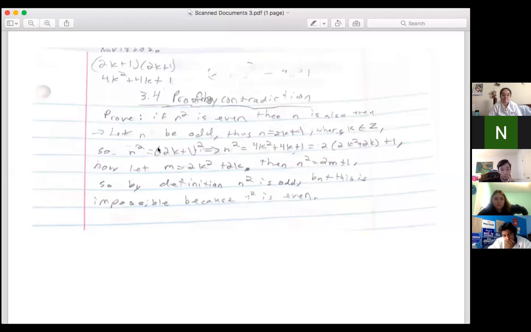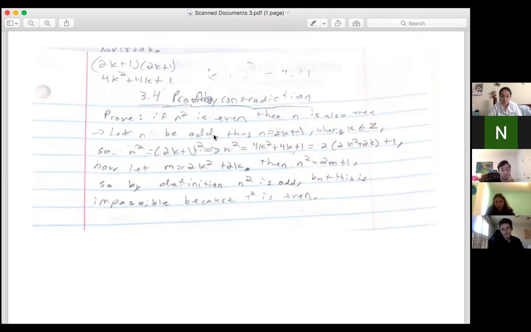All right. So we are proving that if n squared is even, then n is also even. So we have to let n be odd for this to happen, and from the notes we know that n is equal to 2k plus 1, where k is an element of Z. Remember that that's essentially just the integers.